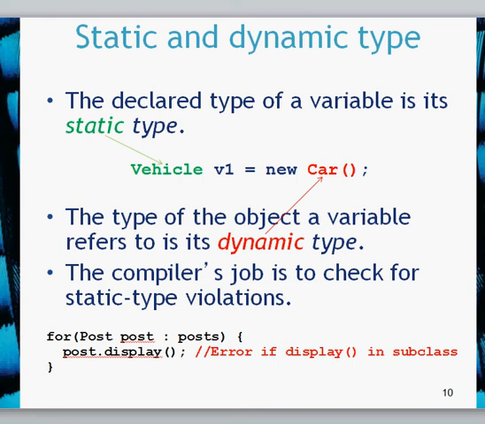So when the compiler compiles its code, the compiler's job is to check for static type violation. So it will look at the static type. It needs to find that method in the static type, which in our case will be post. So if the display method is in the subclass, in the message post or the photo post class, then it will not find it, because at compile time it will check the static type.